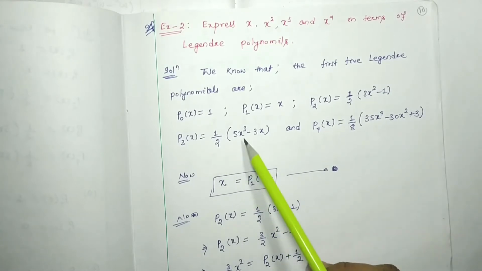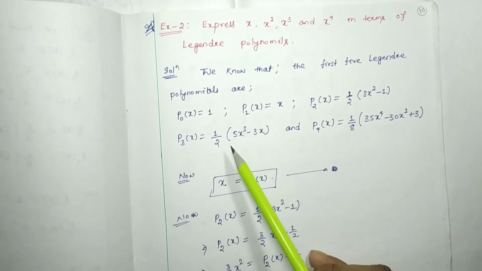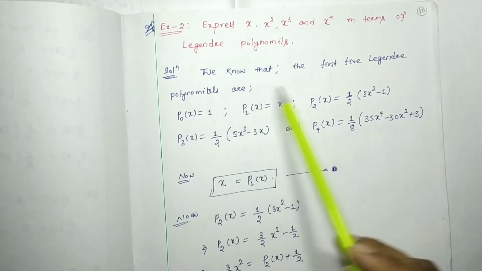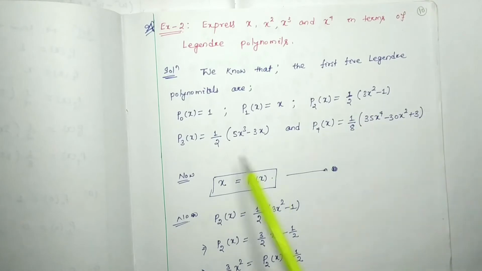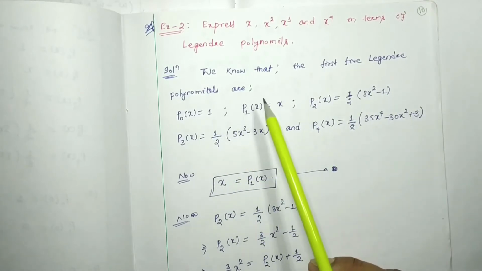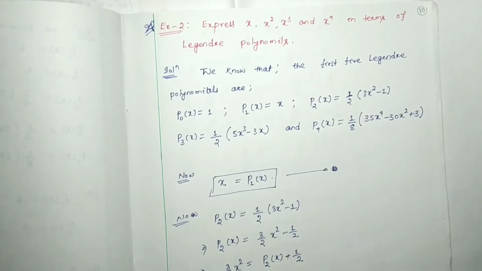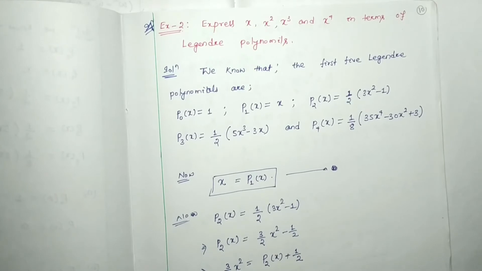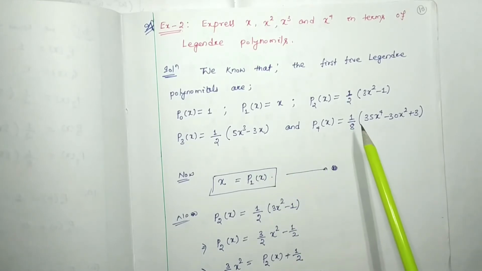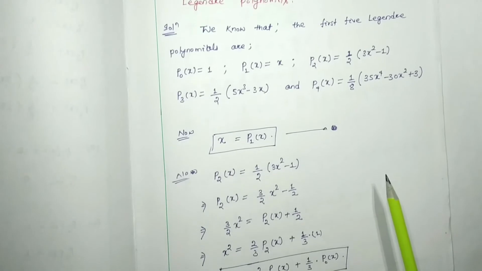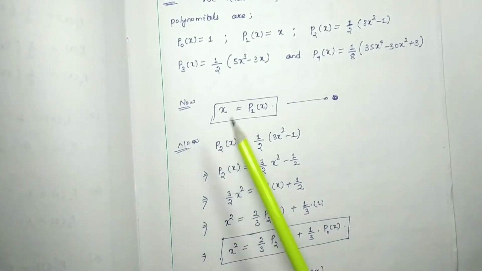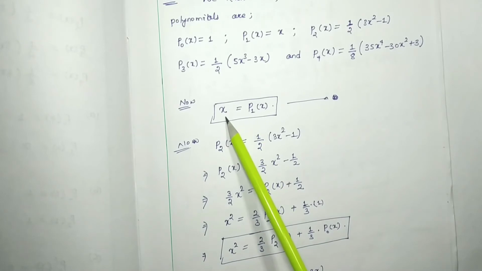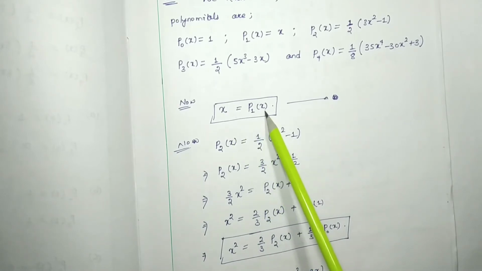Again, I am going to suggest to all of you that at least these 5 polynomials, the first 5 polynomials, you have to remember. Okay. They are very much essential for your exam purposes. Now we know that x equal to p1(x).